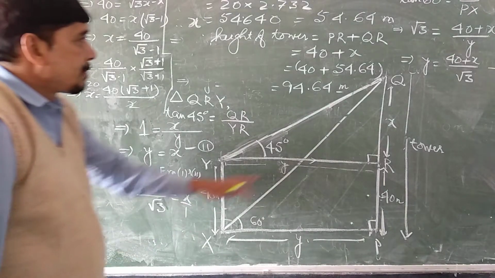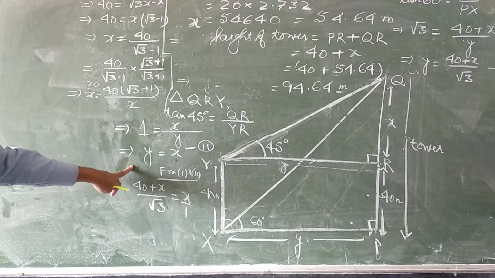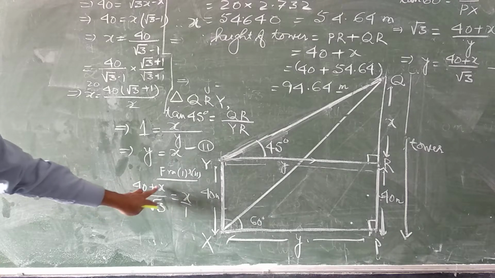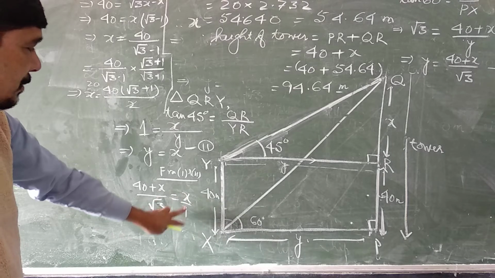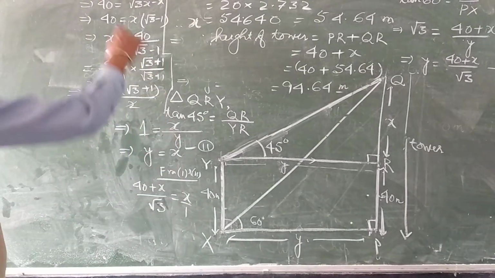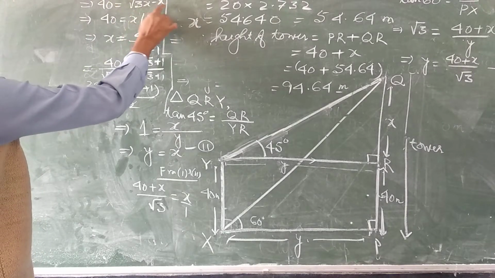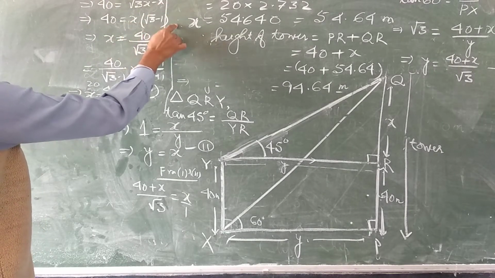Now from the first and second equations, in both the LHS are equal, so the RHS will also be equal. Therefore, (40 plus x) by root 3 is equal to x. Now do cross multiplication. 40 plus x is equal to root 3 x. So 40 is equal to root 3 x minus x, that is 40 equals x into (root 3 minus 1).